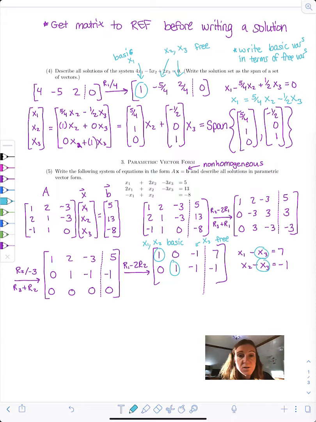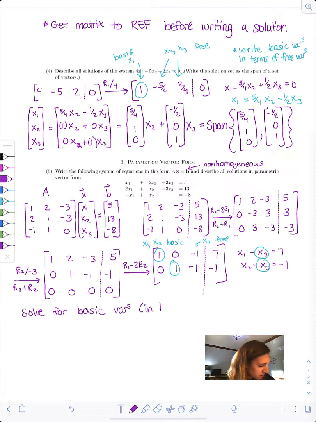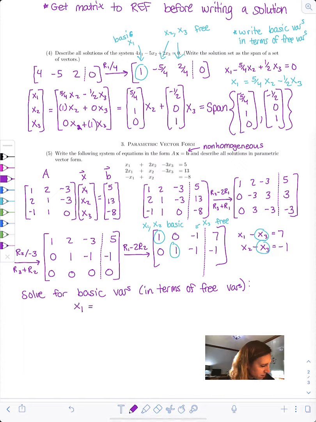So our first step is to solve for our basic variables. So we write them in terms of the free variables. So we have x1 equals 7 plus x3, and x2 equals -1 plus x3.